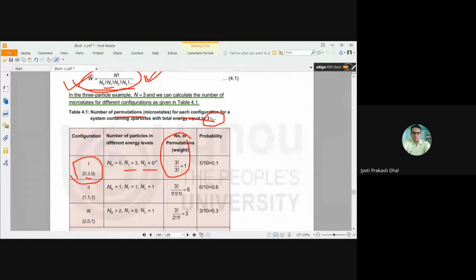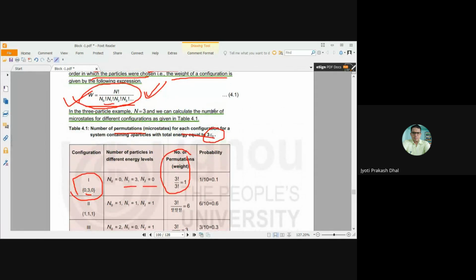So the total weight W equals n factorial divided by N0 factorial into N1 factorial into N2 factorial. n factorial is 3 factorial, divided by N0 factorial, that is 0 factorial, which is 1, and N2 factorial, that is 0 factorial, which is 1, and N1 factorial, that is 3 factorial.